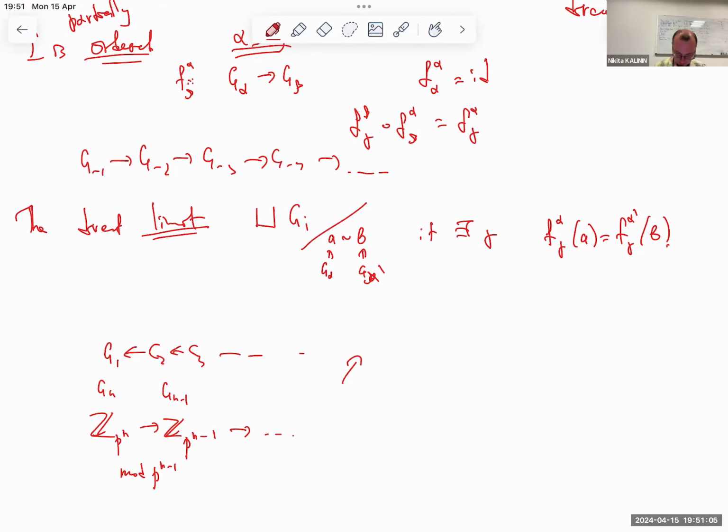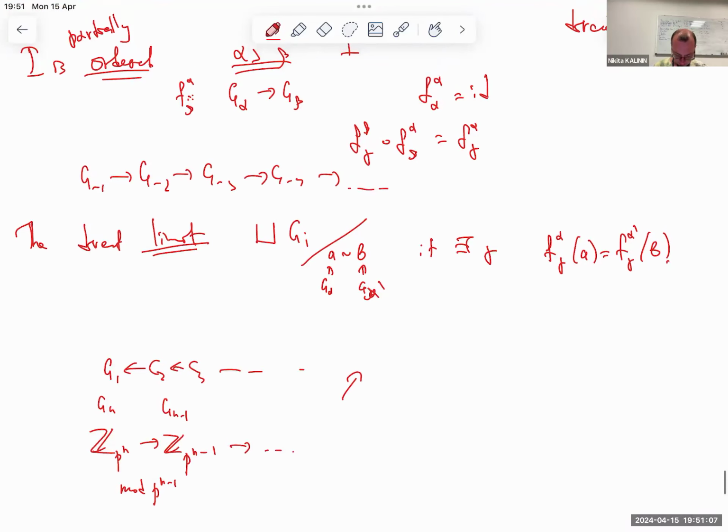And so here the recipe is that we should take the union of all these things, that P_n, and then declare some of them equivalent. No, it's not the p-adic numbers. So if we apply this definition to this system of groups, we obtain not the p-adic numbers, but kind of finite p-adic numbers.